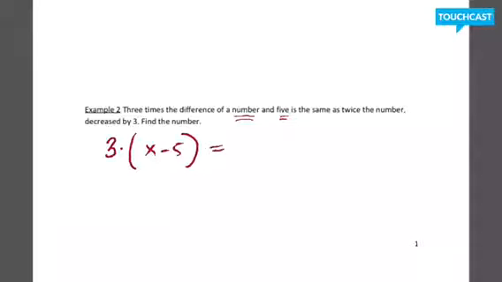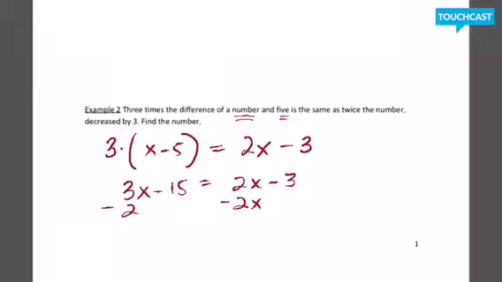Is, there's our equal sign, the same as, is the same as is equals, twice the number, 2x, decreased by 3, minus 3. Twice the number, decreased by 3. Find the number. Now all you have to do is solve the equation. Get the x's on one side. Get the numbers on one side.